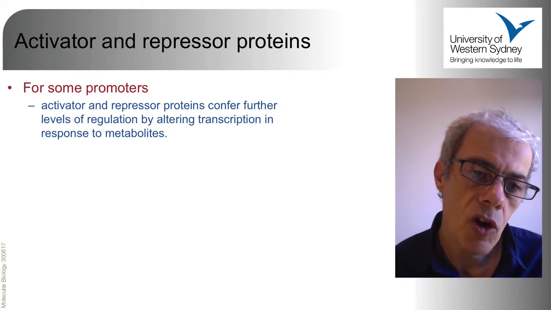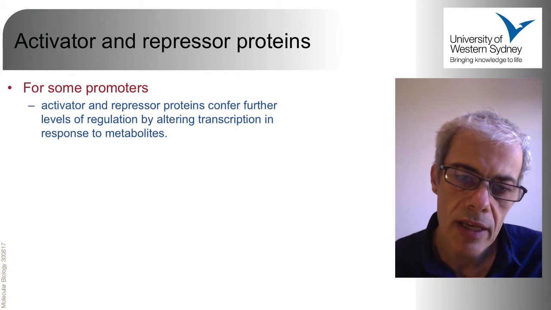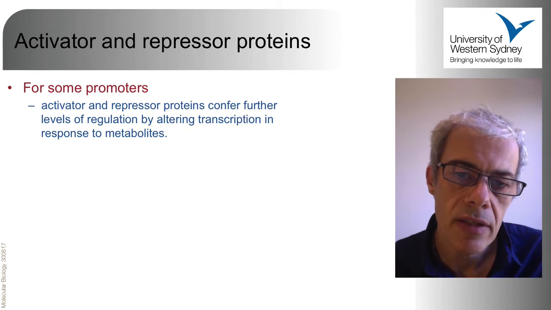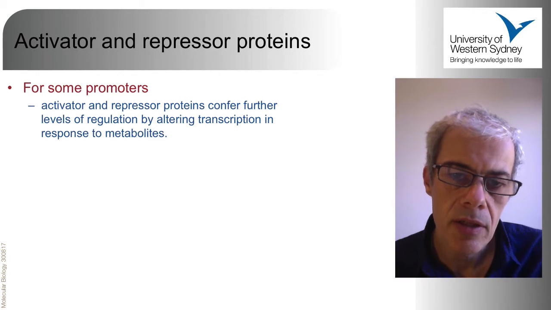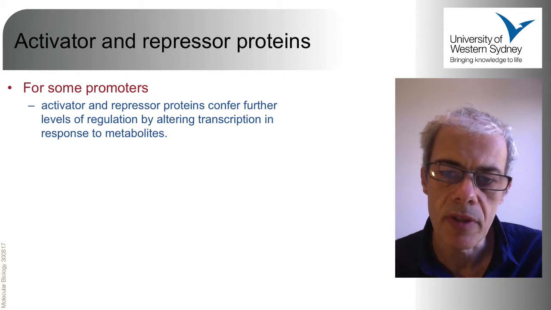Now, on top of this basic property of promoters, there are also other proteins that come into play in terms of gene regulation. And we've discussed these in the last lecture, and these typically are referred to as activators and repressors. So the activators and repressors confer additional levels of control on transcription.